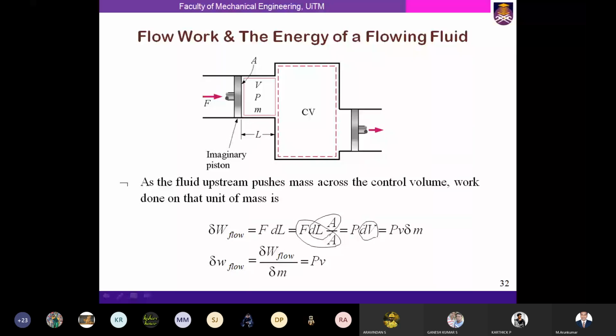So we can write the equation as P into dV, and also expand it as P into small v into change in mass, because capital V is equal to mass into specific volume. We introduce the terms because the mass here is changing, so we have the change in mass.